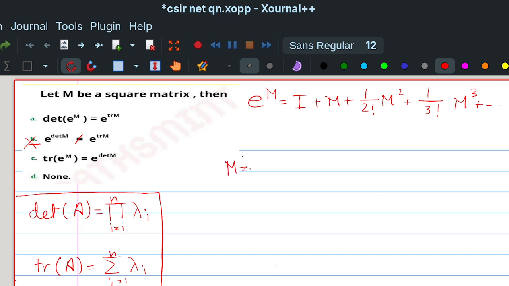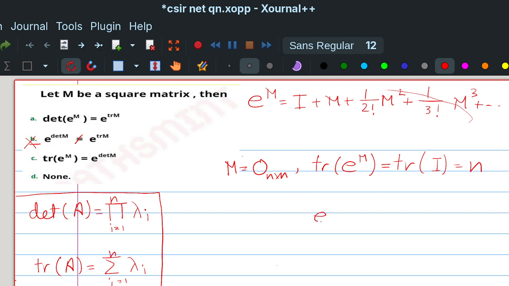Let M be the n cross n zero matrix, all the entries of which are zeros. So trace of e to the power M becomes what? Since M is 0, in this expression all the terms become 0 except I. So e to the power M becomes I. So this is equal to trace of I, which is n.